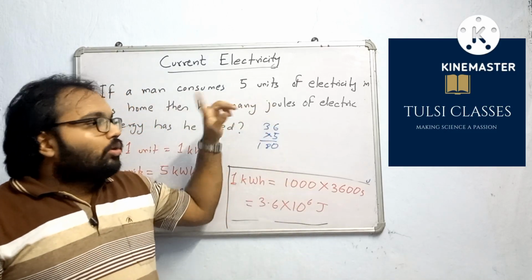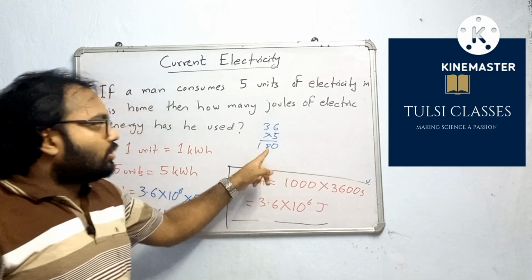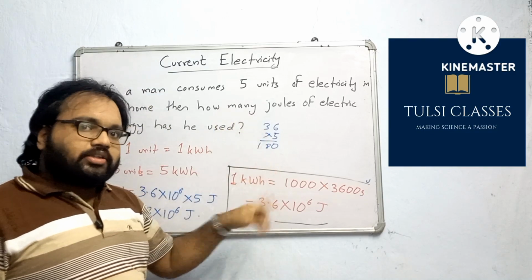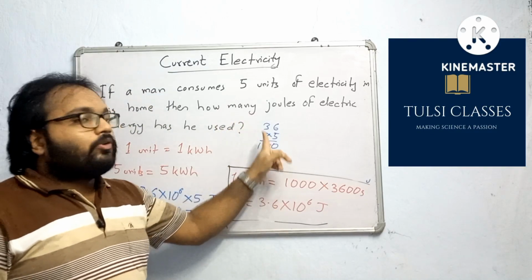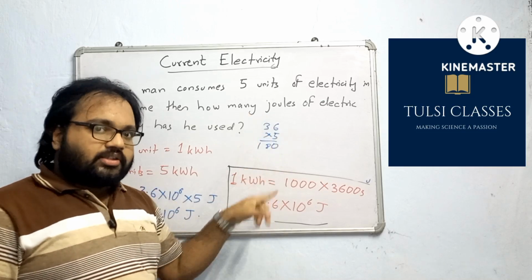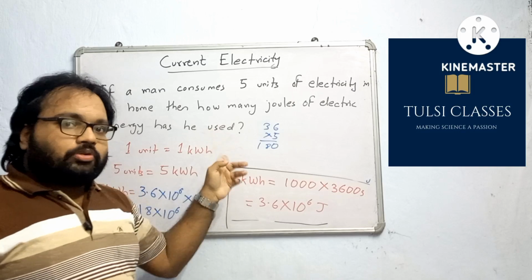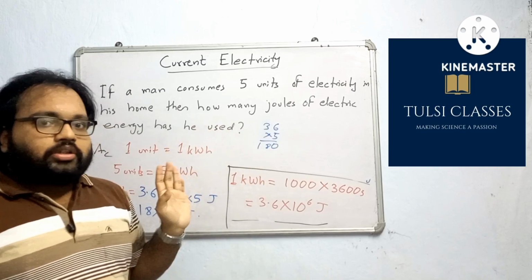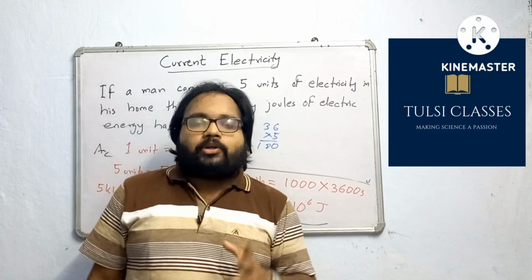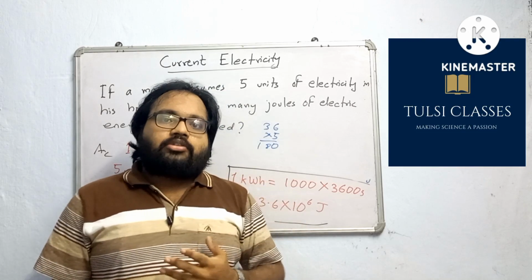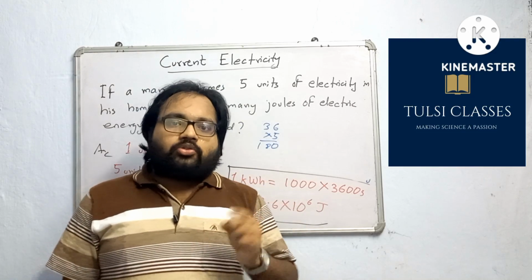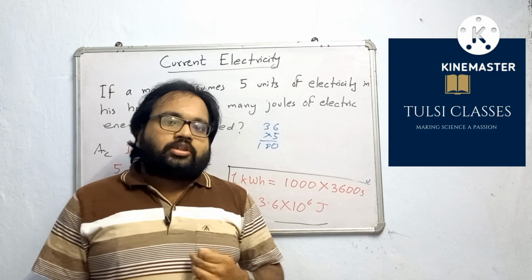We have to cover 2 concepts: Kirchhoff's law and, in the same video, code for carbon resistor and what its meaning is, with one question on both Kirchhoff's law and coding. So these two we will cover, and if time permits I will upload the magnetic effects of electric current formula. Otherwise you also try to learn from the books. Okay, thank you.